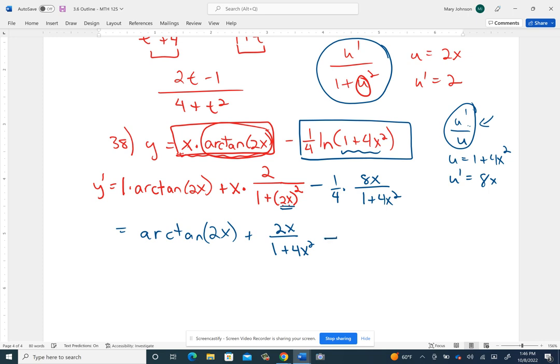Then here I have minus 4 goes into 8 twice. So I have minus 2x over 1 plus 4x squared. So these cancel out, and we wind up with this one turning out to be just arctan of 2x. Okay.